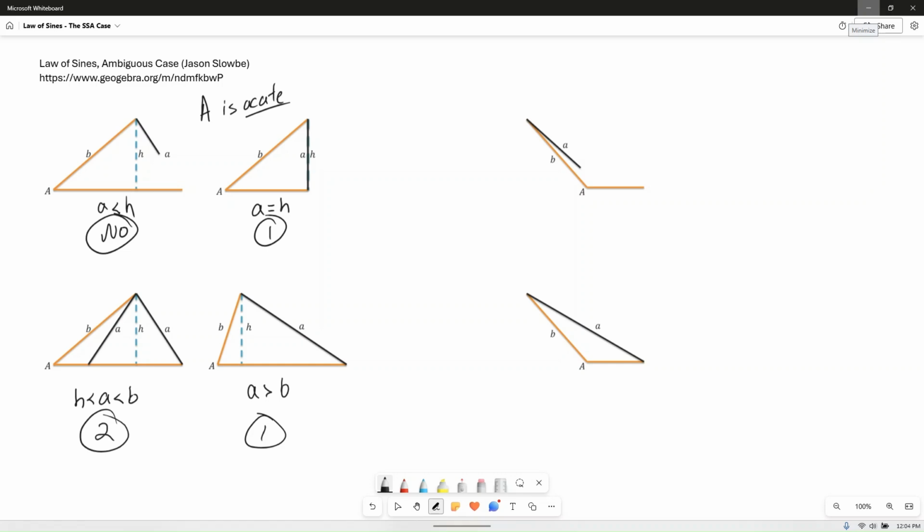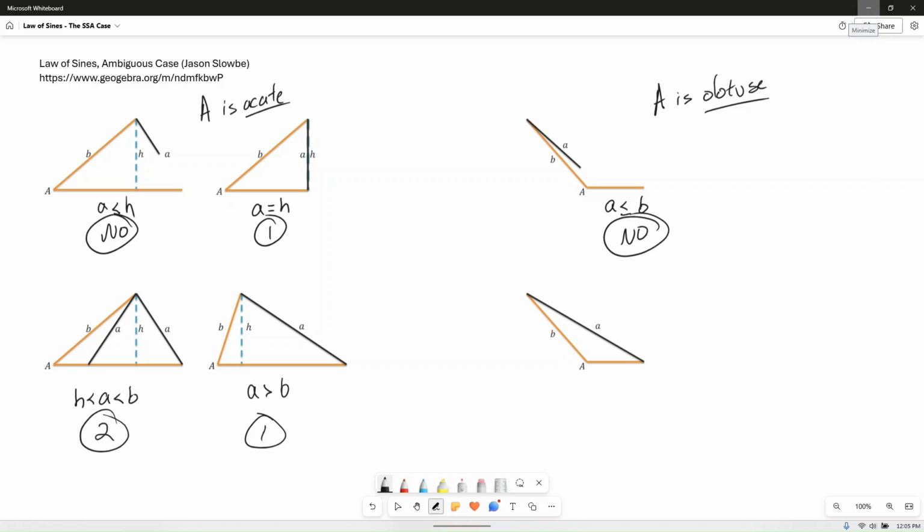Okay. All right. The other situation we need to look at is if A is obtuse. Okay, so if A is greater than 90 degrees. Here we only have two situations that we have to deal with. If the opposite side, A, again, because it's opposite our given angle A, is less than or equal to B, so if it's not long enough, there is no triangle.